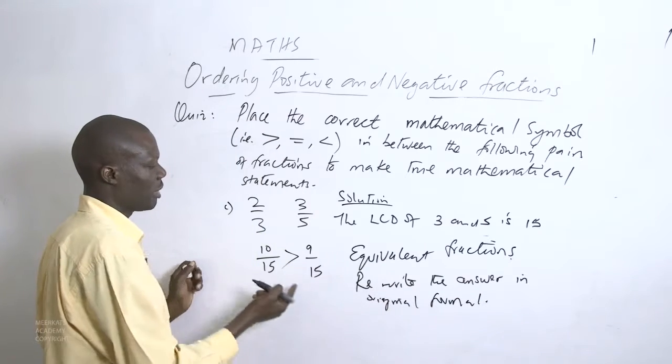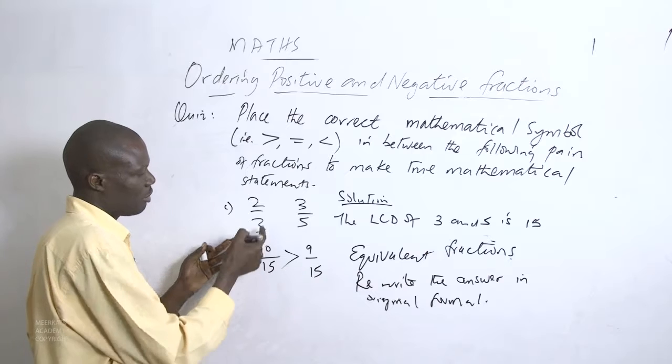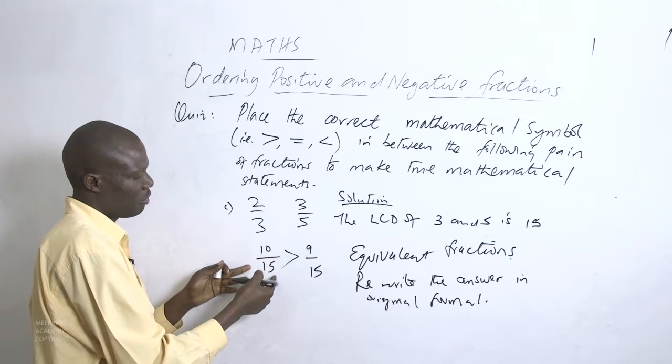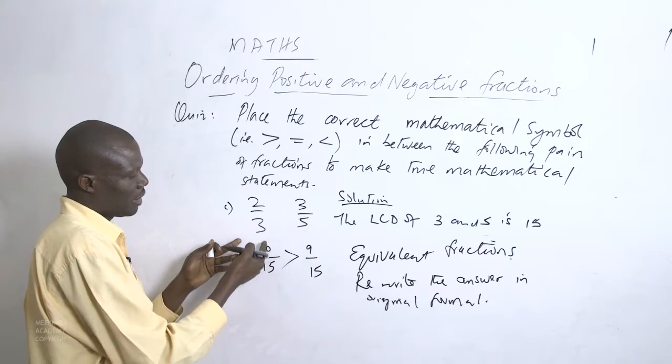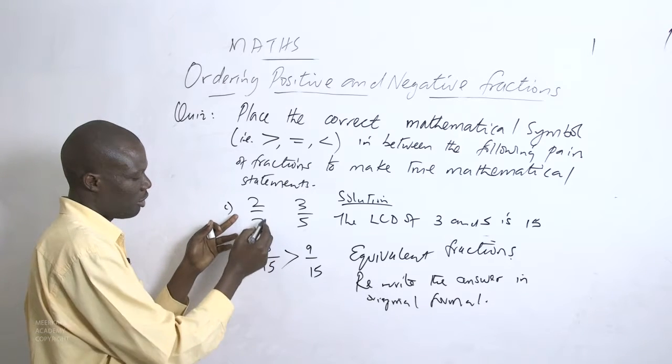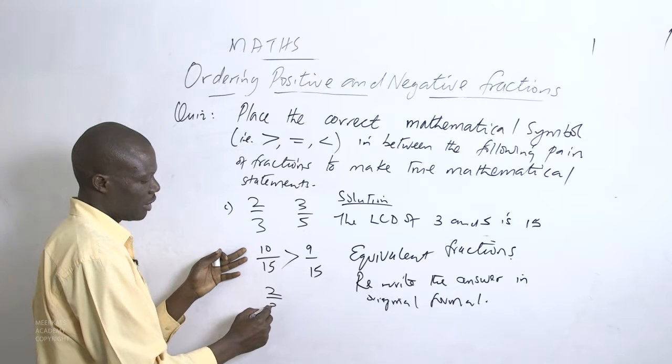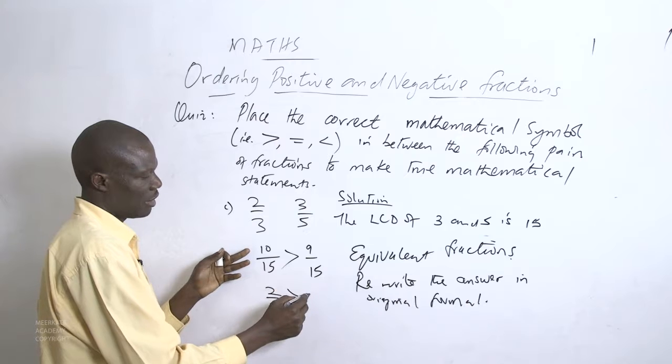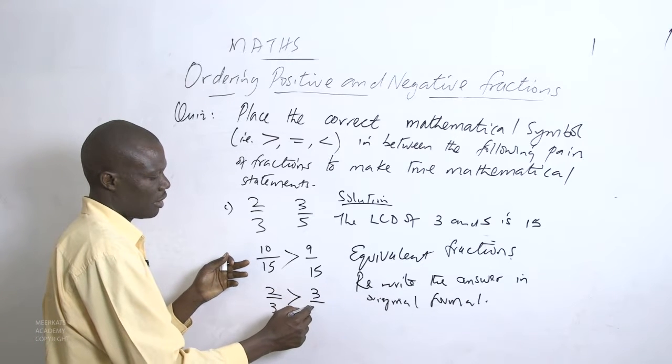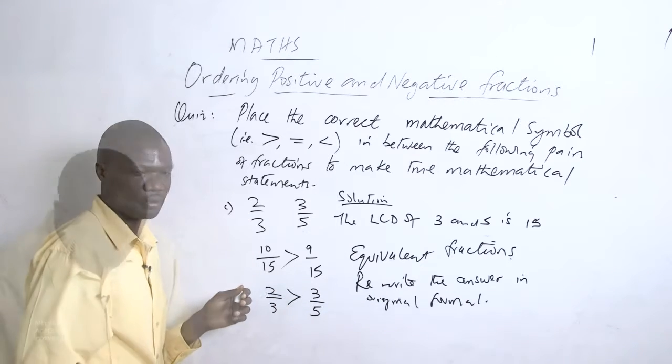And in the original format, 10 over 15 is greater. So we say, therefore, 2 over 3 is greater than 3 over 5.